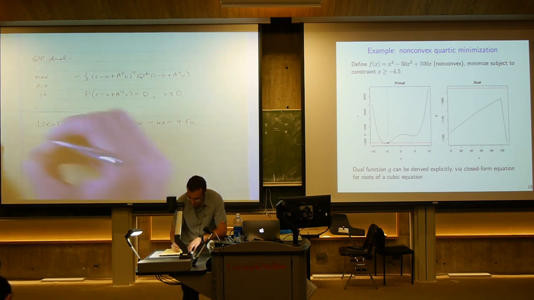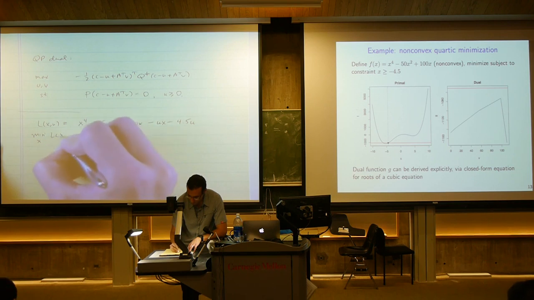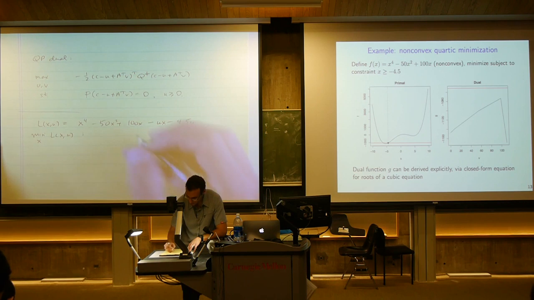Then I wanted to minimize this. To do that, I took the derivative with respect to x, which gives me 4x cubed minus 100x plus 100 minus u, and set it equal to 0.